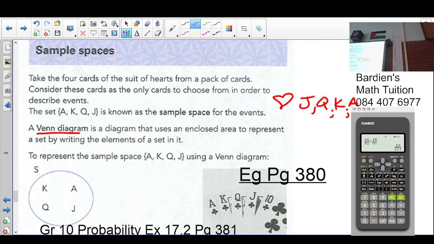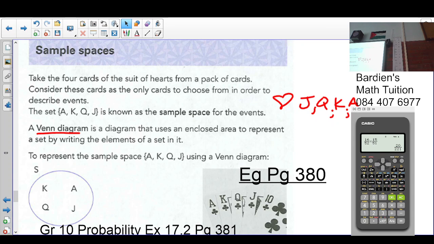A Venn diagram is a diagram that uses an enclosed area to represent a set by writing the elements of the set in it. To represent the sample space Ace, King, Queen, Jack using a Venn diagram.